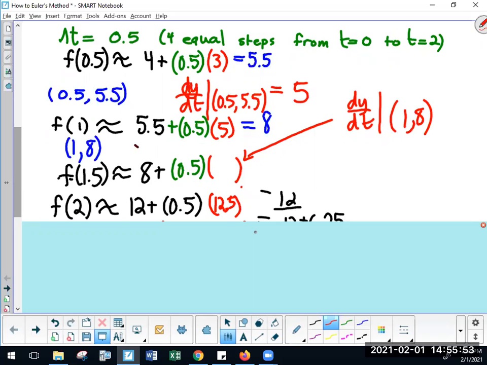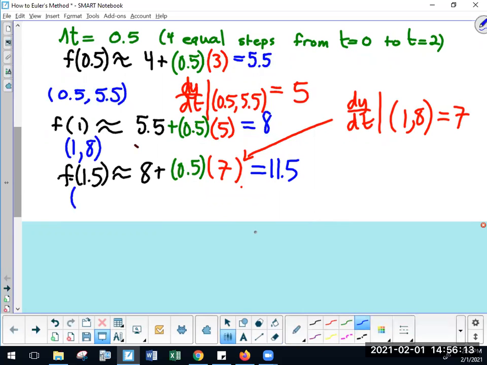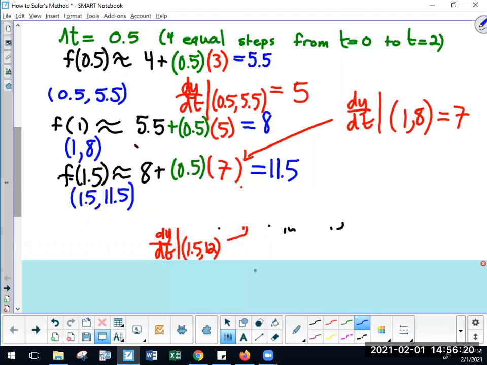So 8 plus 1 minus 1 is 7, I'm pretty sure. So a half of 7 plus 8, that's 11.5. So our approximation has now arrived at the point 1.5 comma 11.5. We've almost arrived, which is good because we're almost out of time.